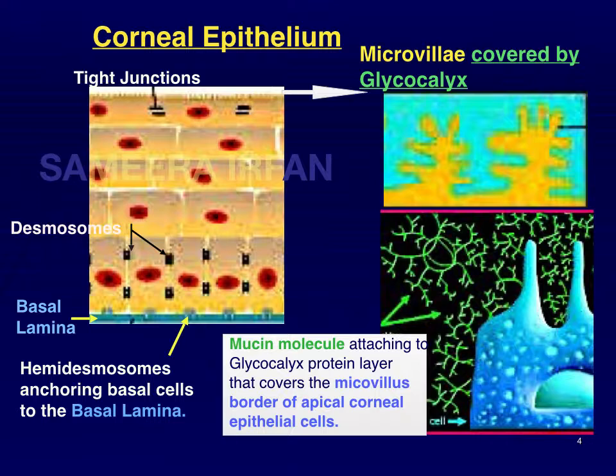So, to act as a perfect refracting and reflecting surface, the cornea has to remain clear and transparent, and its transparency is by virtue of being a totally hydrophobic structure, that is, it repels all kinds of invasion by fluids. It's totally hydrophobic. The corneal epithelium is non-keratinized, stratified squamous epithelium.